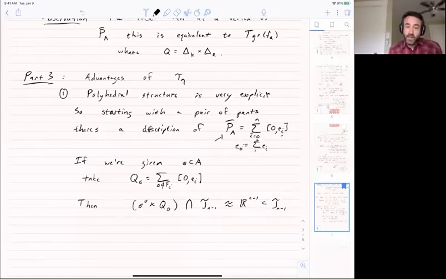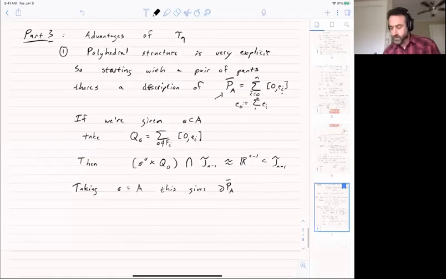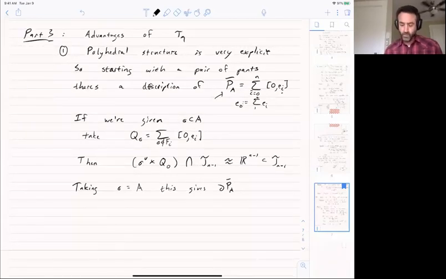And as I said, we can do this for any sigma. If you take sigma to equal everything, in other words, equal A, this just gives the boundary of this polytope, which can be thought of as this sphere in Sheridan's proof of homological mirror symmetry. Yeah, I had some picture.